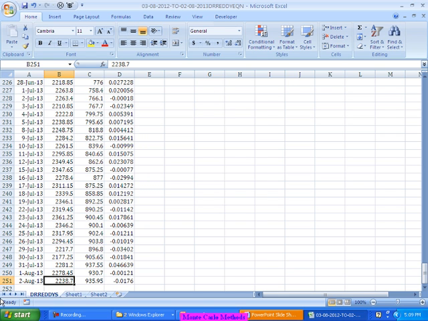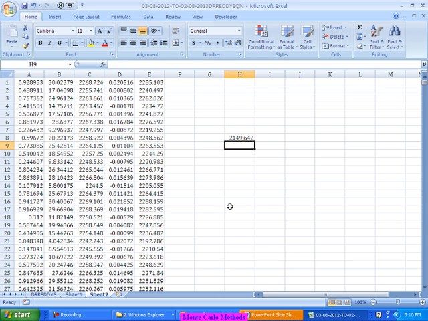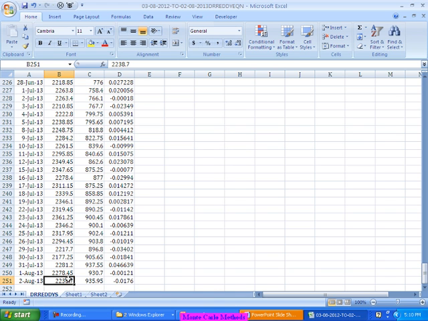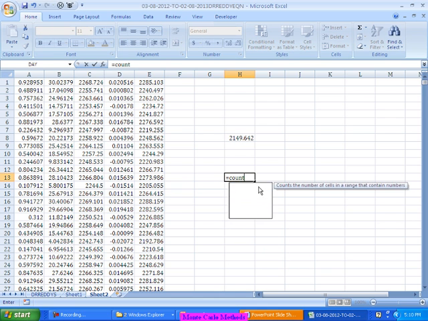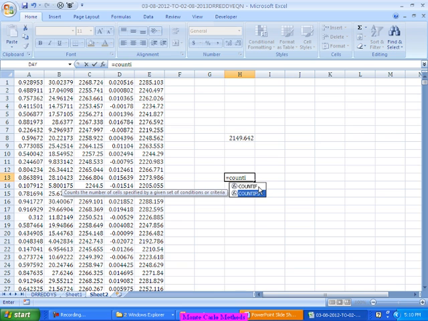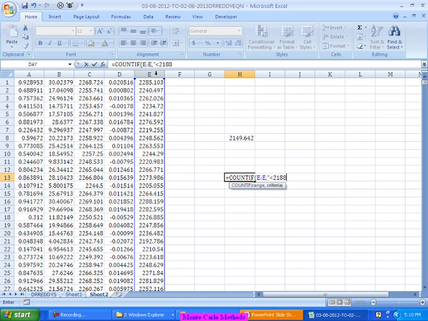So probably that is where people work out, okay, what is the chance of losing more than 50? Losing more than 50 means 2238 minus 50 is 2188. How many of them are less than 2188? I'll find out how many of them are less than 2188.